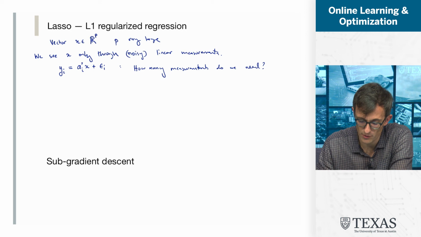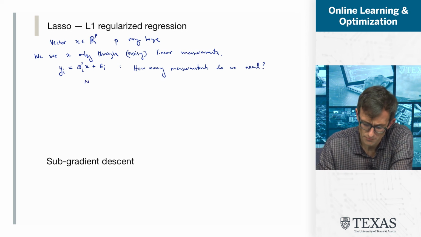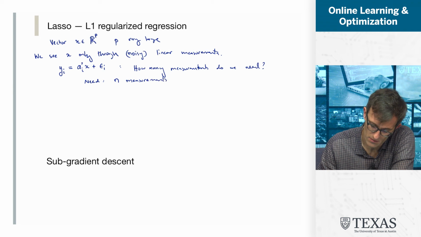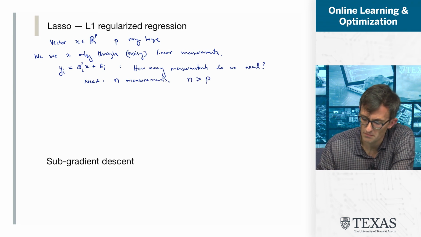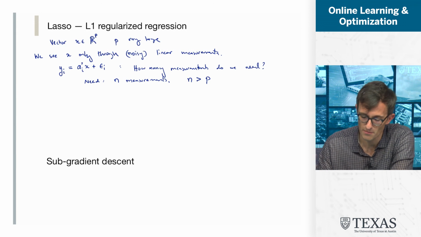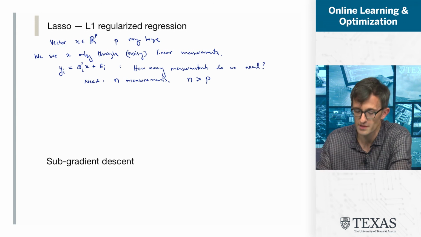So typically we'd expect, if we have no further information, we need n measurements, where n is bigger than p. Ideally, the bigger n is relative to p, the better.